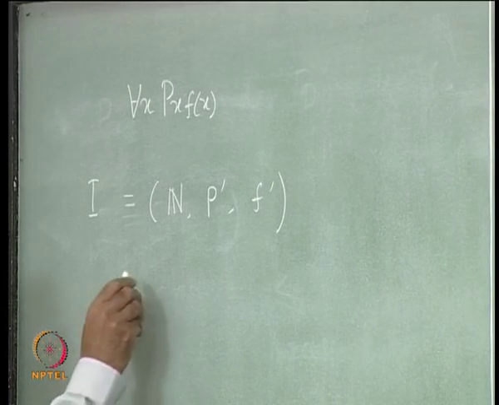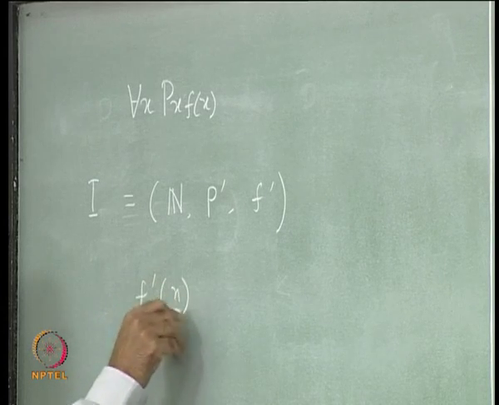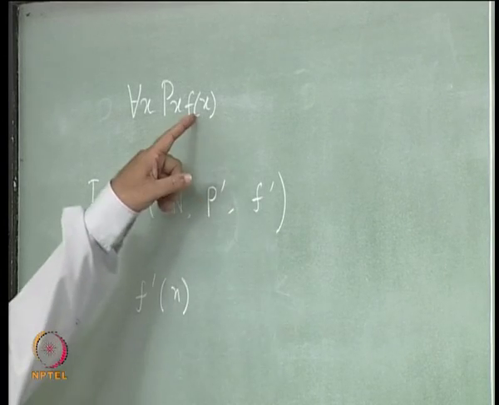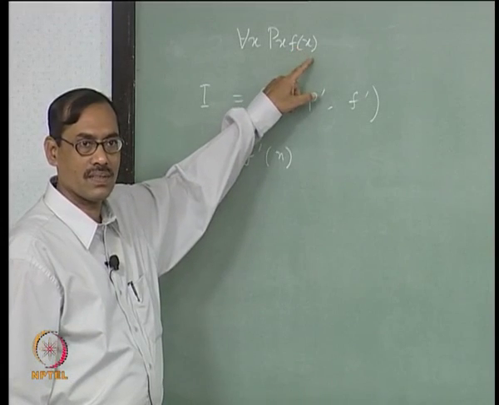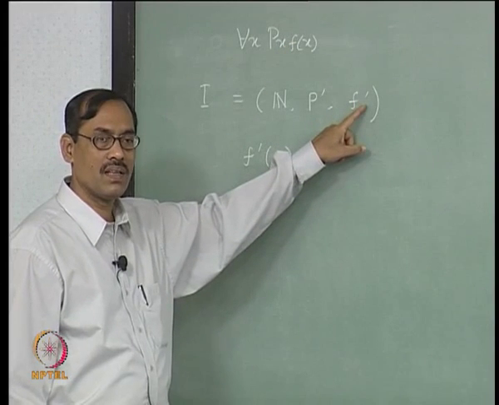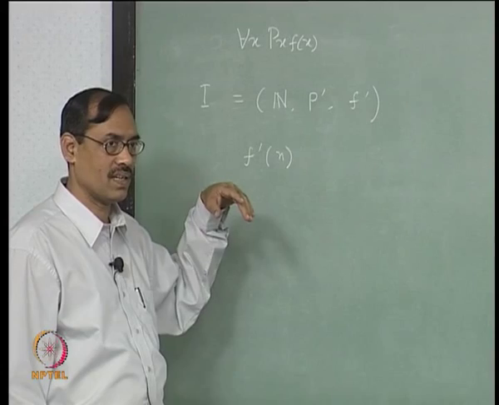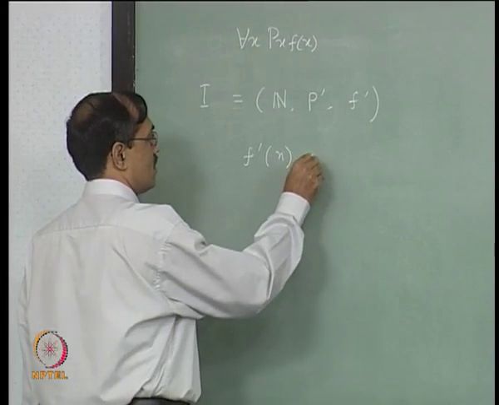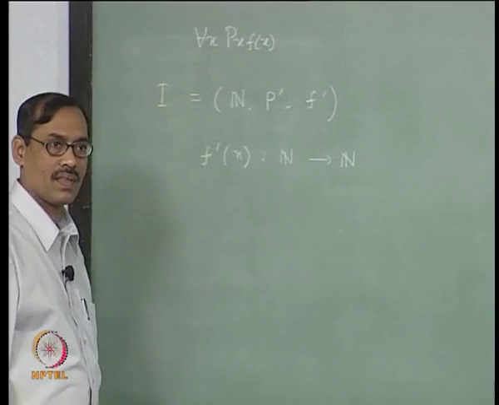So, let us say f prime is a unary function symbol, okay, only one argument it has. So, f prime, which corresponds to this function symbol, should be a unary, let us say partial, function. So, we will write this as N to N, it should be defined on the domain, fine.